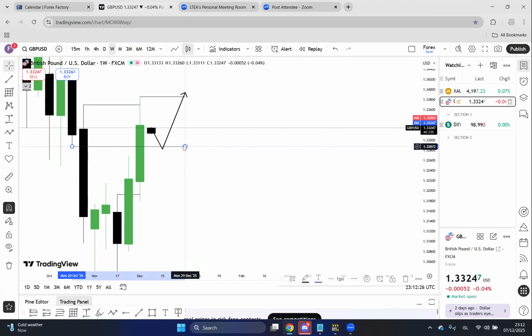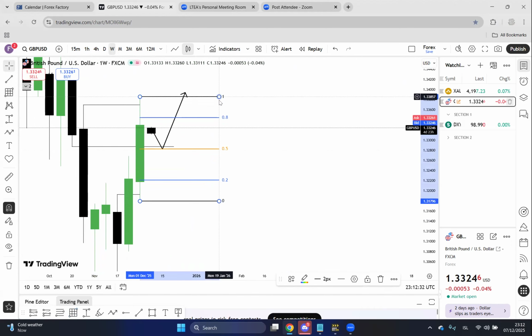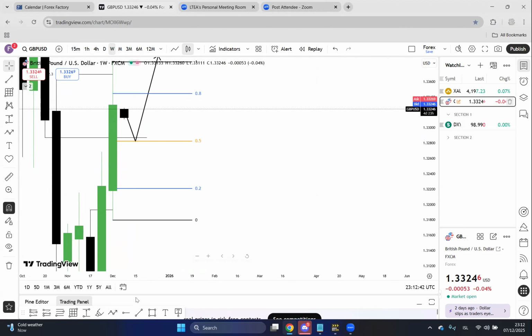So look at this line right here. If I fill this level, it's just below and it's above this area. So this area is an inversion fair value gap, which means, like I display right here, price can come down like this into this inversion fair value gap.